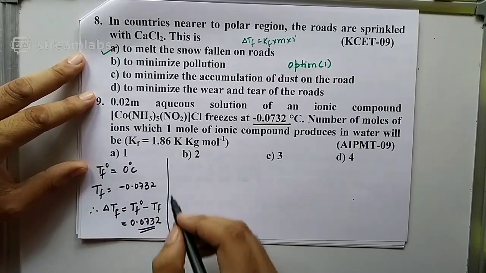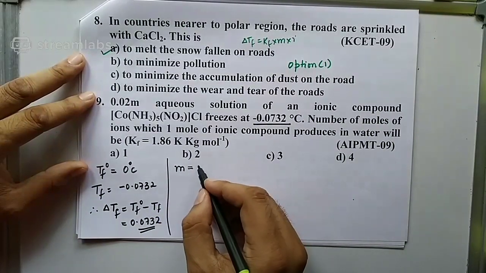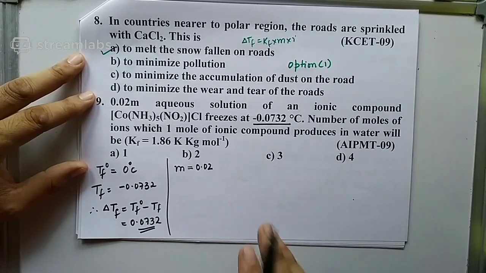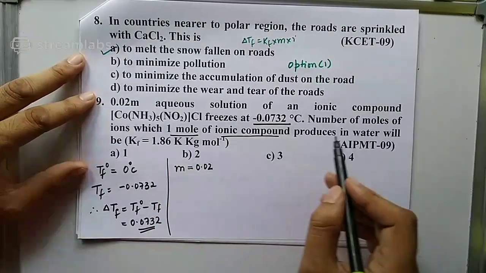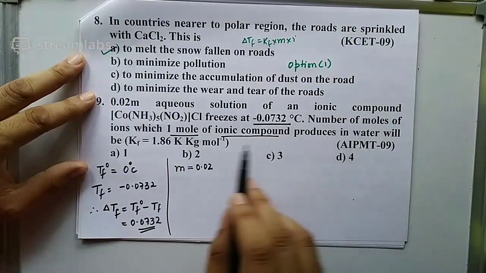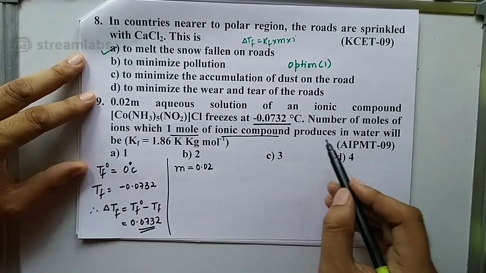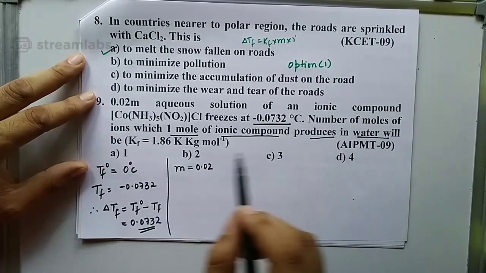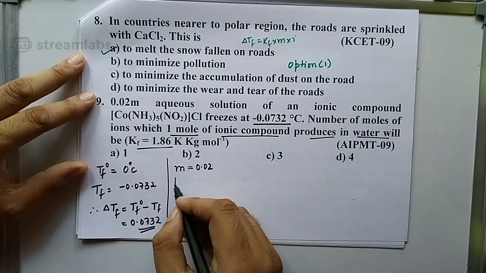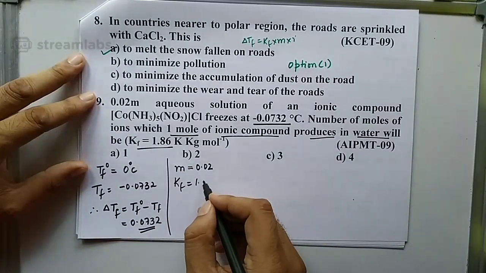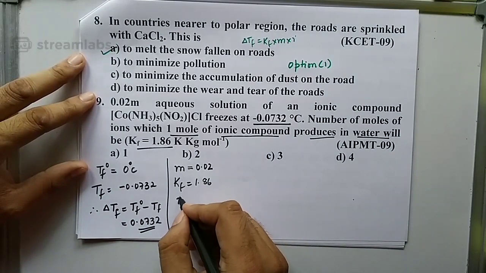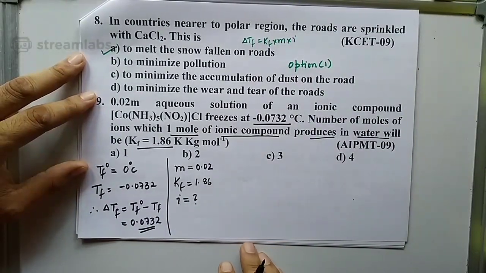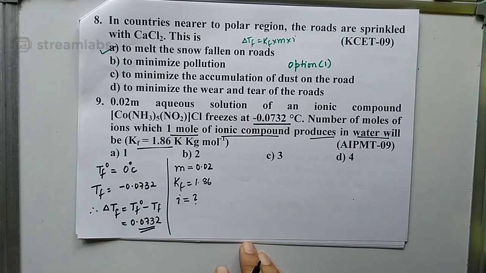And also they have given molality, which is 0.02. The number of moles of ions produced by 1 mole of the ionic compound in water is what is asked. Kf value is given, it is 1.86. Indirectly what they are asking is the value of I, the Van't Hoff factor.